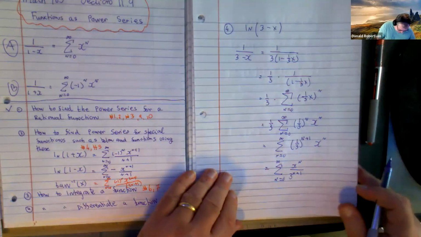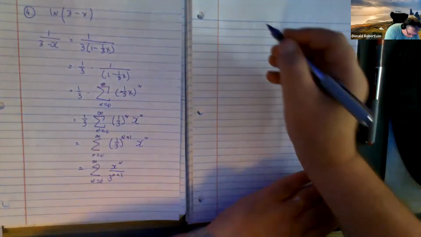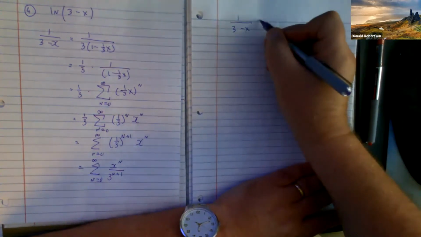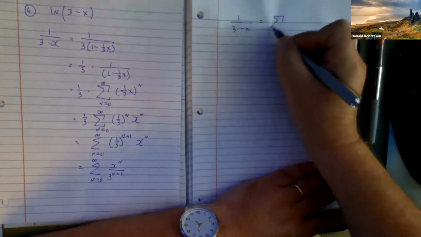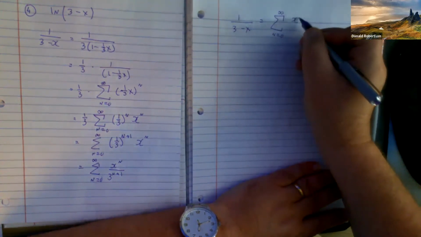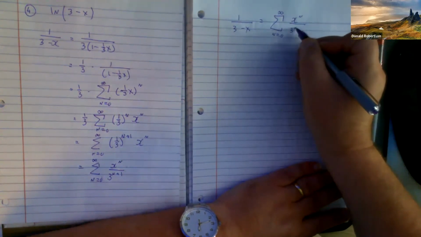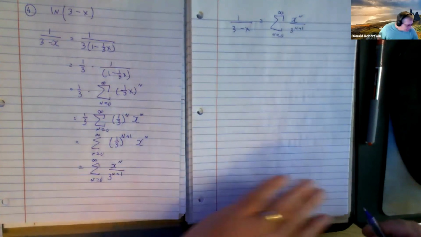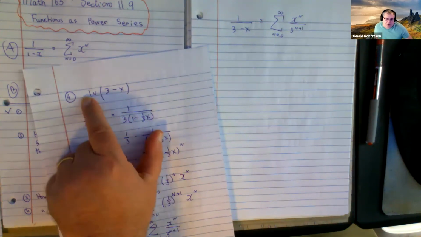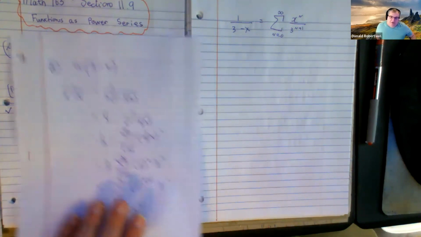Okay. Now, we know what this guy is. Is this guy. That's his power series. You may have forgotten, because it's a long time ago, what we were trying to find was a power series for this fella.